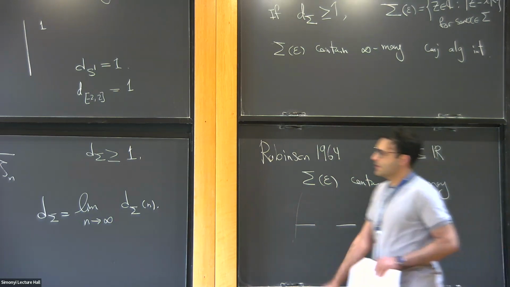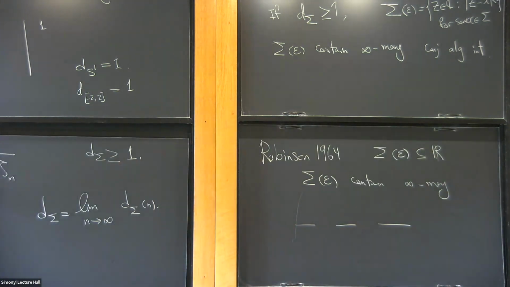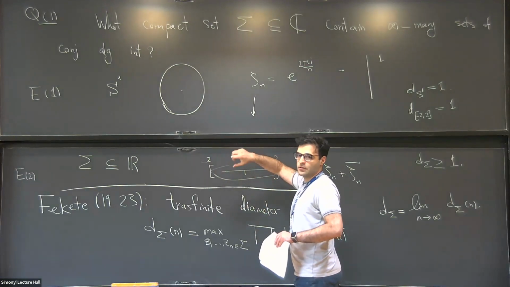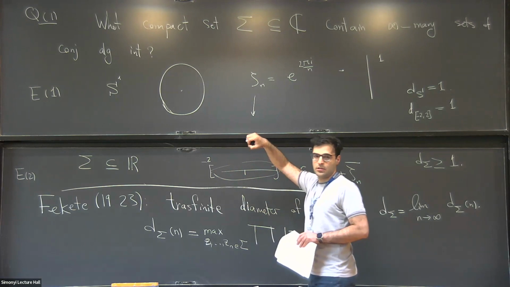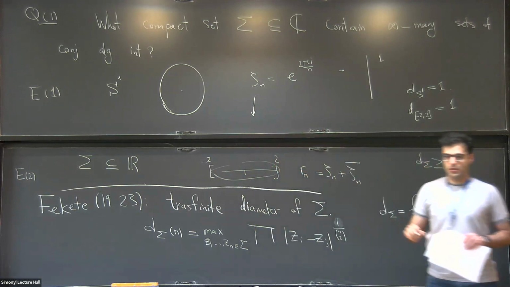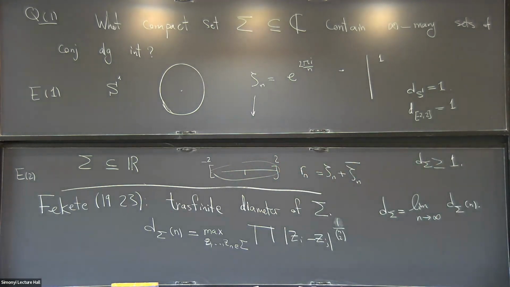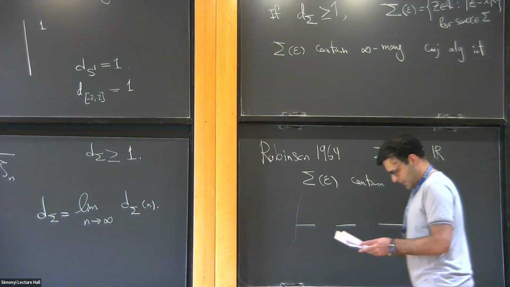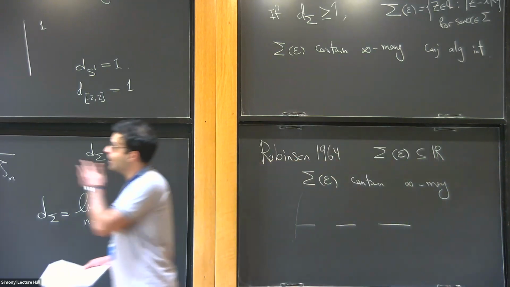So in the case of -2 and 2, these are the trigonometric polynomials, coming from writing cosine n theta in terms of cosine theta. But for general sigma, they're defined, but they're not explicit.